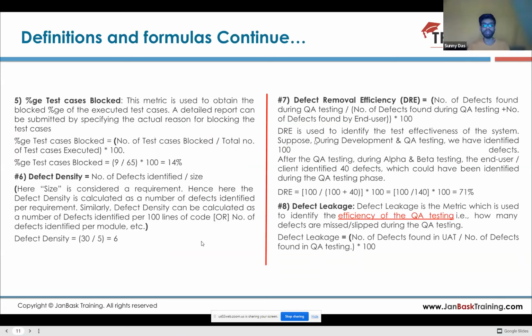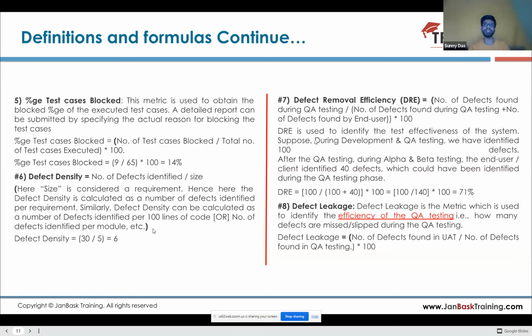It's also calculated as how many defects are identified per 100 lines of code. But that is something that is looked at from the development side. From the development side, it will be checked that if you have written this many lines of code, how many defects have been identified out of that.